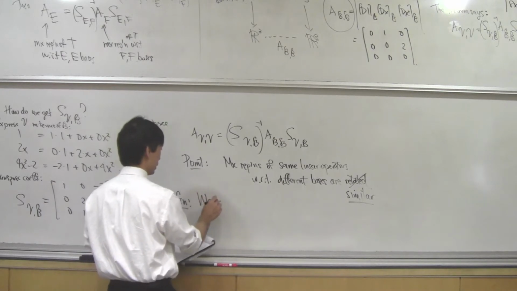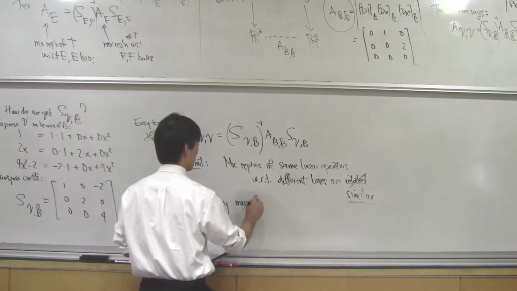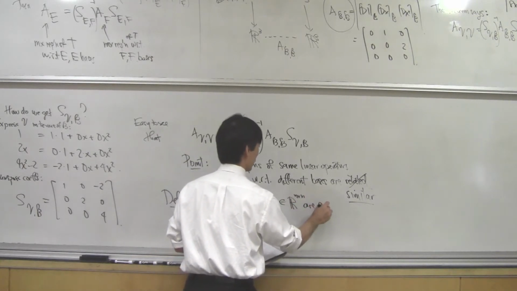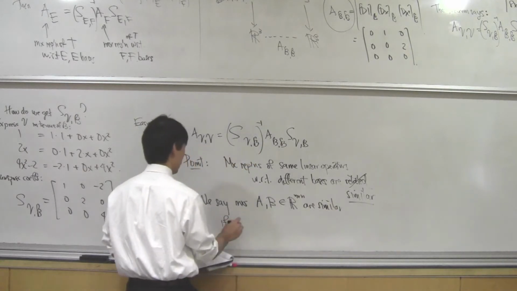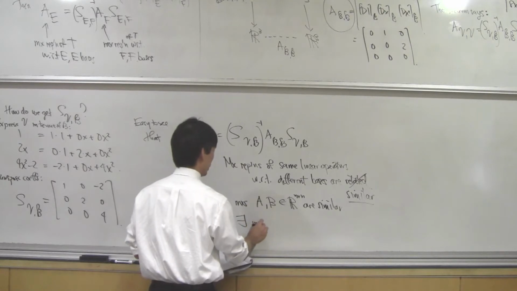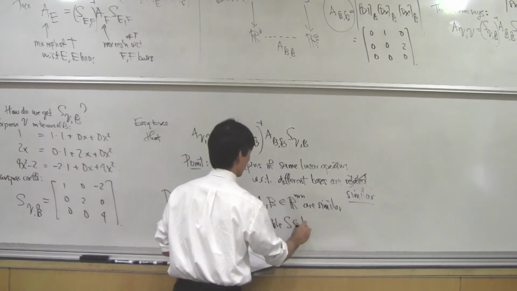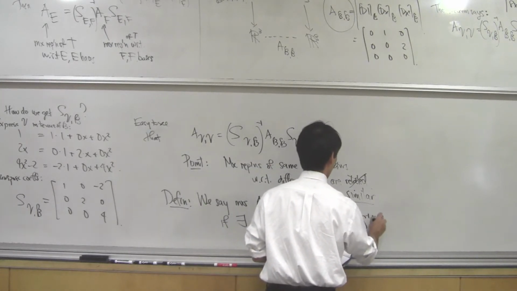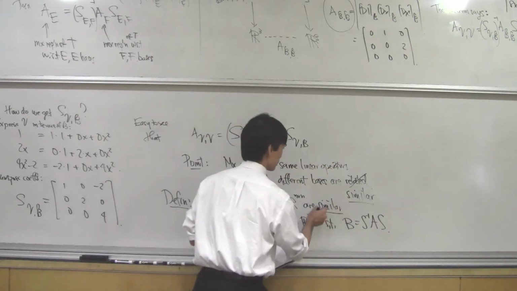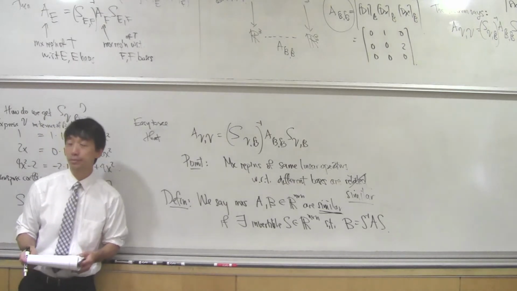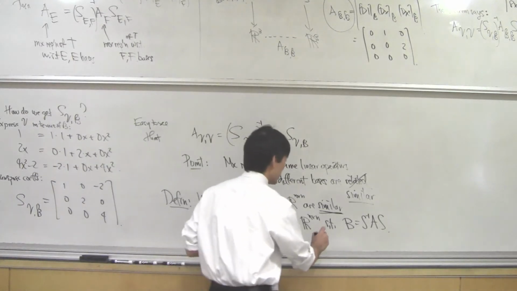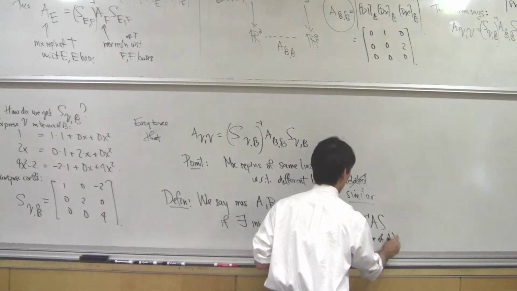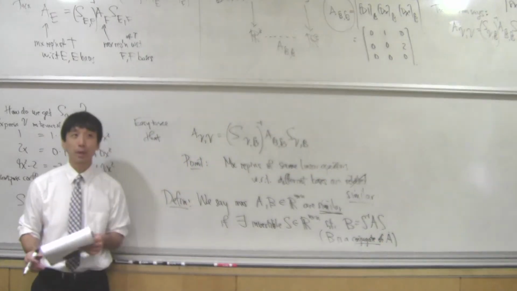We say the matrices A and B are similar if there exists an invertible S such that B equals S inverse A S. Or we say that B is a conjugate of A.